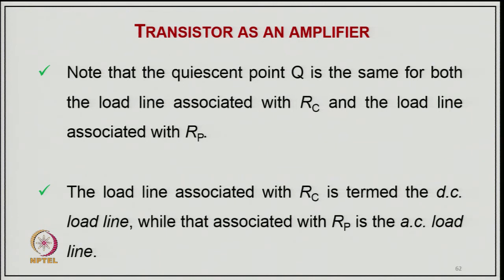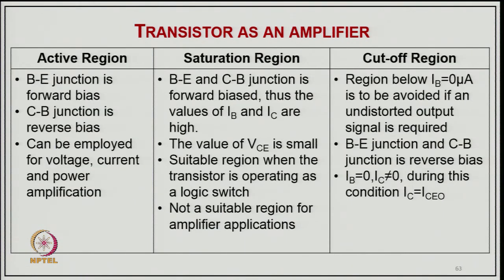Note that the quiescent point is the same for both the load line associated with RC and the load line associated with RP. The load line associated with RC is termed the DC load line, while the one associated with RP is the AC load line, because that is giving the AC signal to the load.